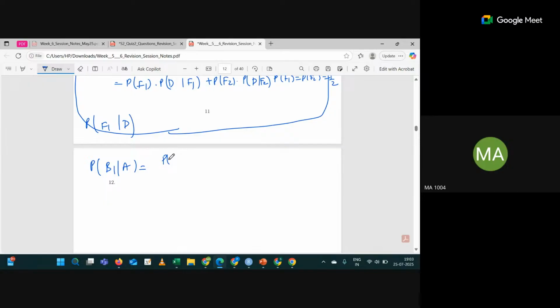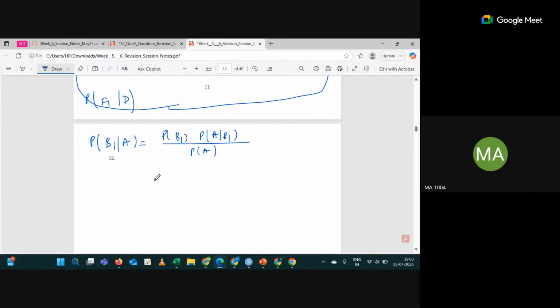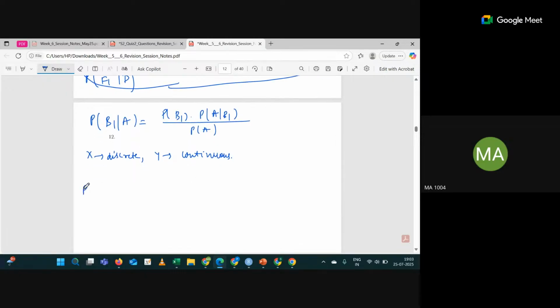Basically, this is something I can write as probability of B1, marginal probability, into probability of A given B1, divided by probability of A. In this case, suppose X is discrete and Y is continuous. This is something we have been given. This is a continuous random variable. What is the probability that X equals x given that Y is taking some specific value, let's say y naught?